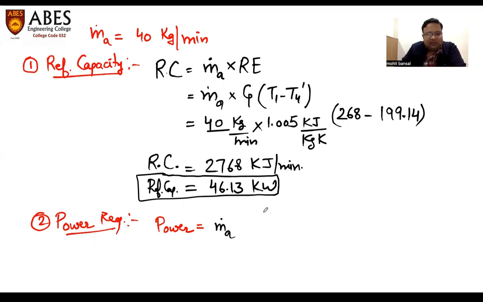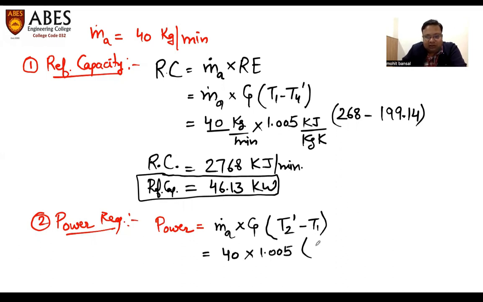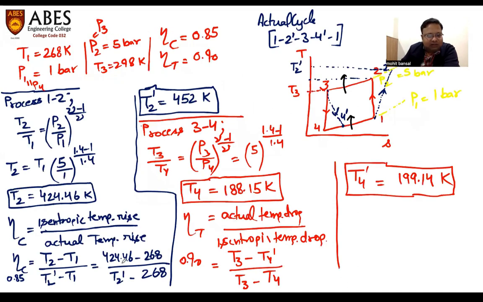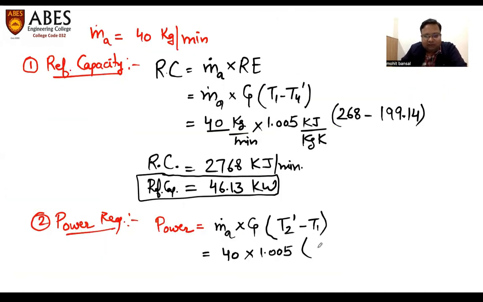We will represent the same thing in kilowatt or in kilojoule per minute. So mass of air into Cp into (T2 dash minus T1). Mass of air is 40 kilogram per minute into specific heat of air into T2 dash. We have calculated in the last slide, T2 dash was 452 Kelvin. 452 minus T1, which is 268.